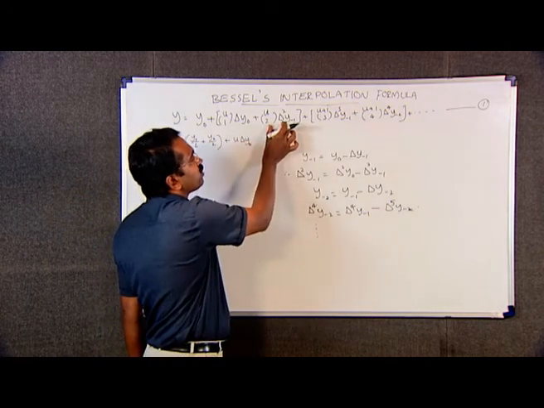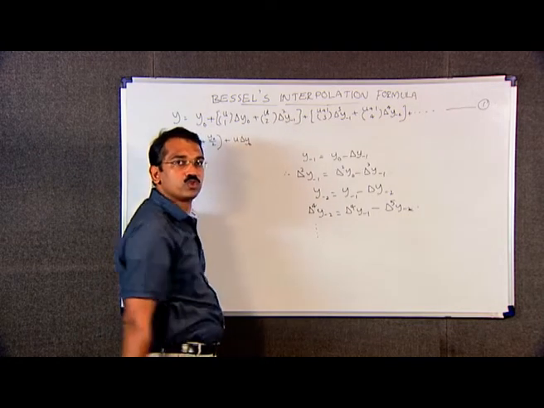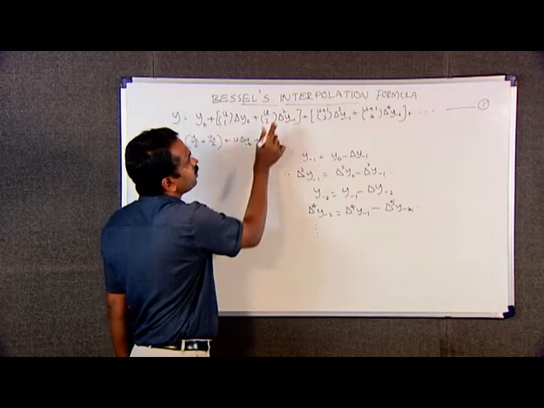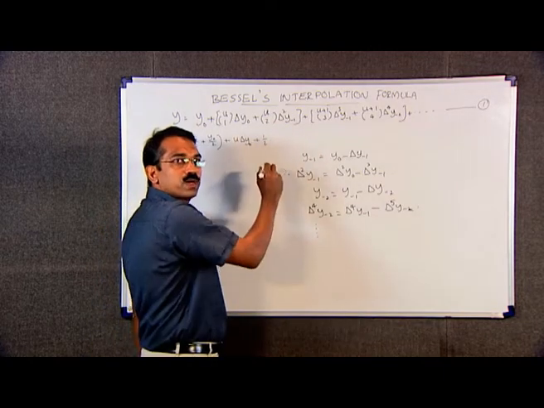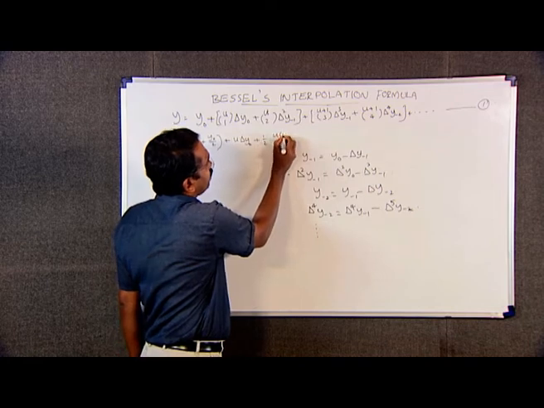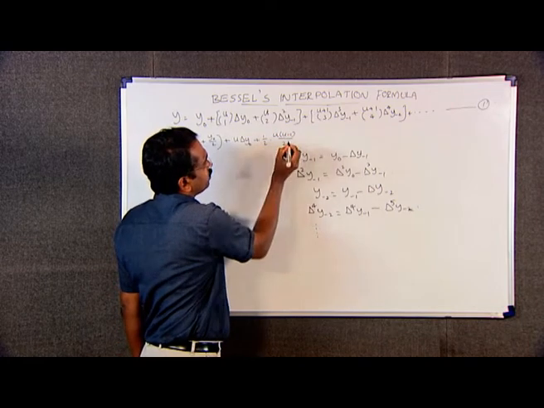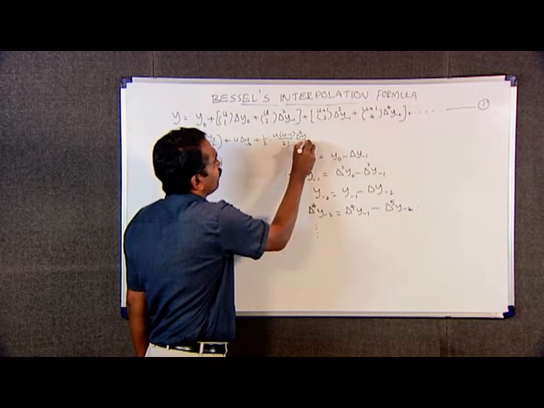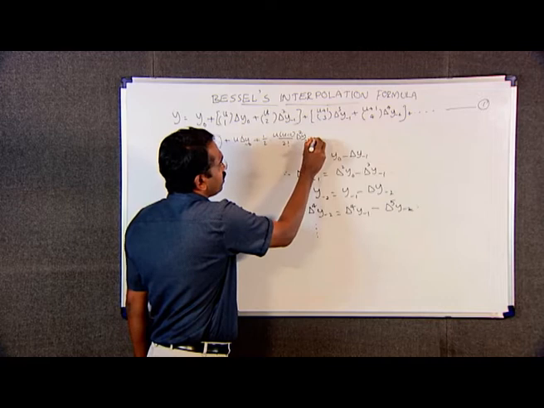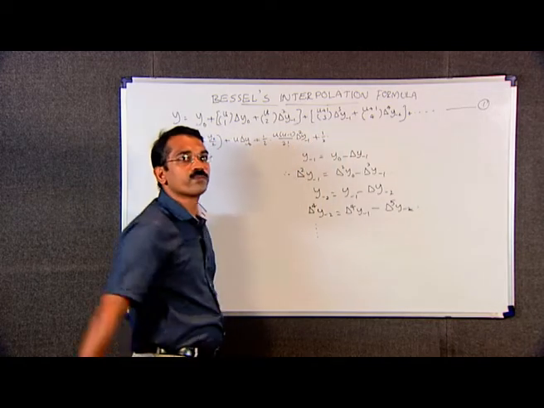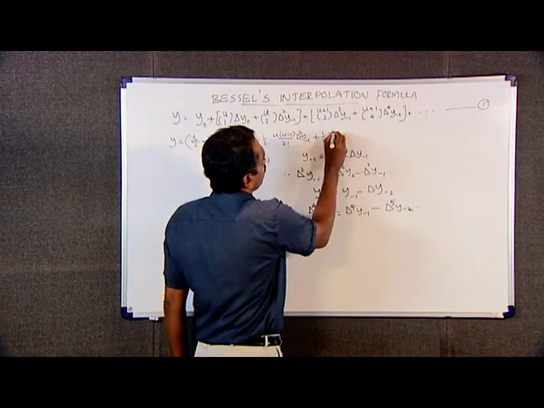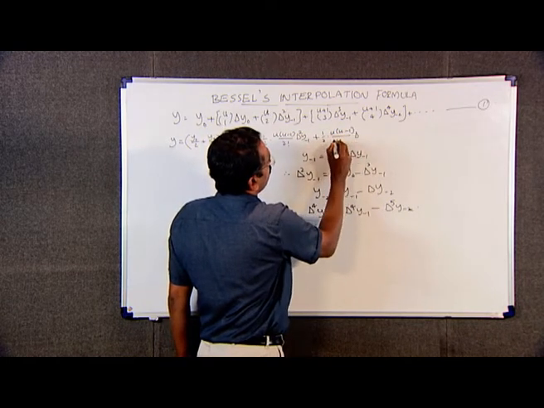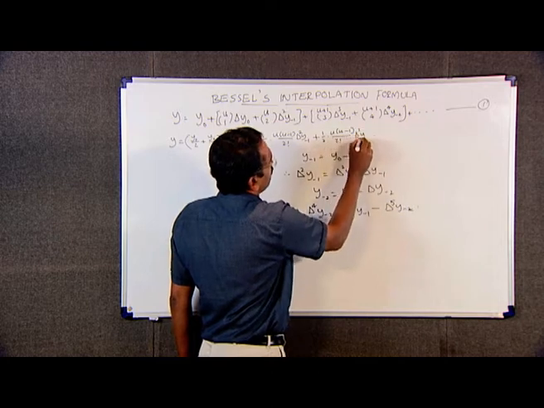Now, we split the next term into 2: we get 1 by 2 into uC2, which means u into (u minus 1) by 2 factorial into delta square y minus 1, plus 1 by 2 into u into (u minus 1) by 2 factorial into delta square y minus 1.